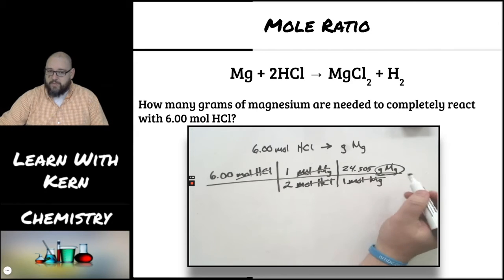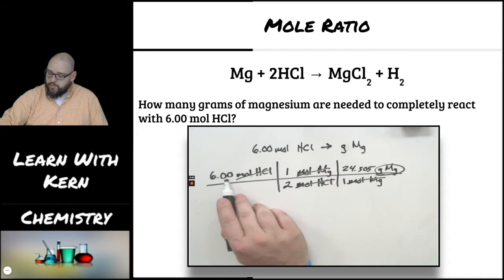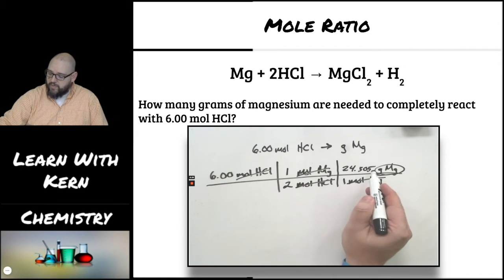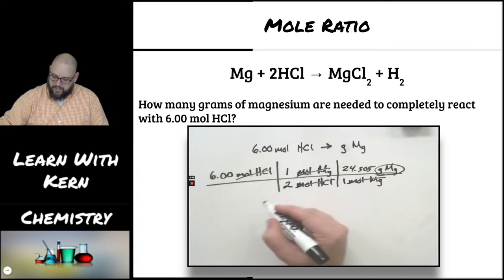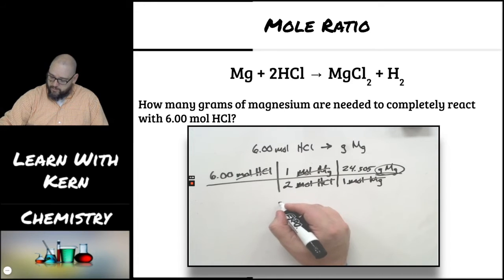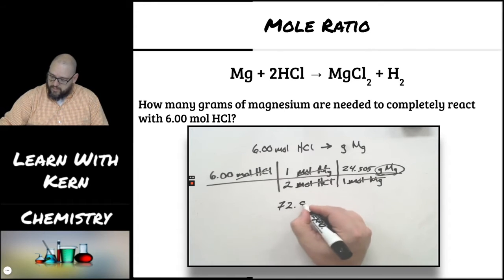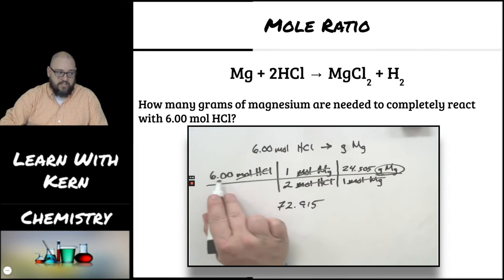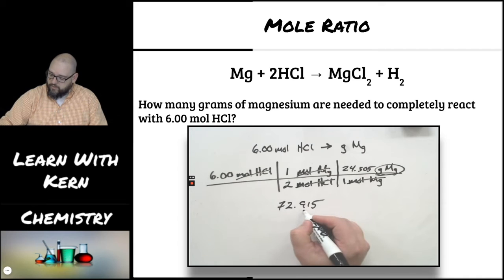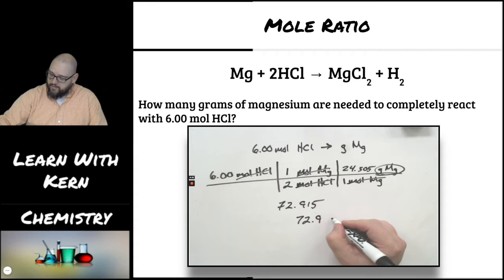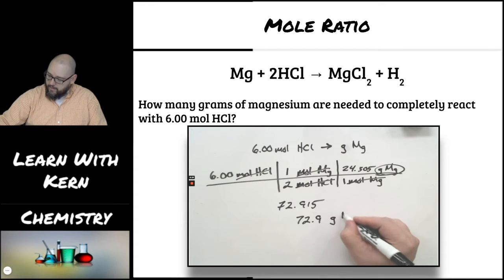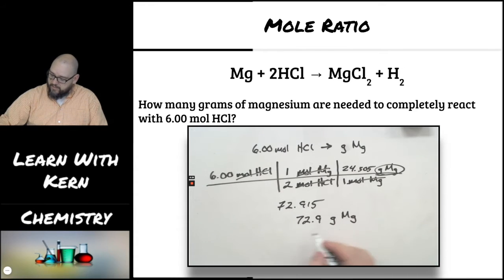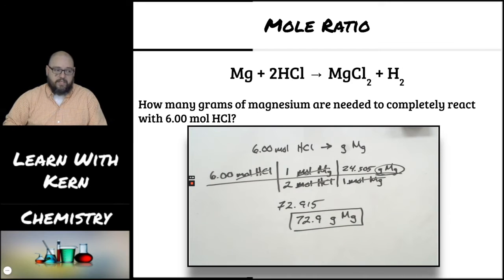I'm left with grams of magnesium, which is what the question asked for. And so now I'm going to multiply 6 times 24.305 divided by 2. And when I multiply and divide, that gives me 72.915, but I start with only 3 significant figures, so I need to have only 3 significant figures. So 72.9 grams of magnesium is my final answer.